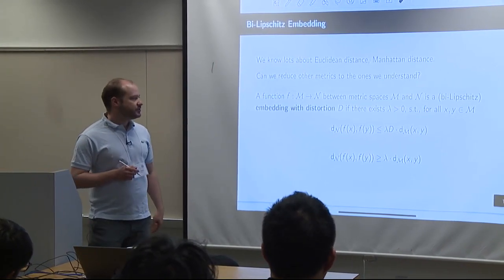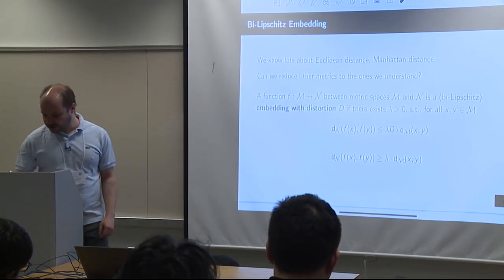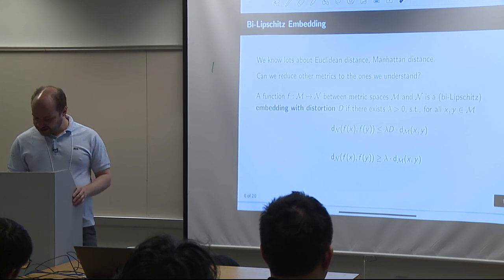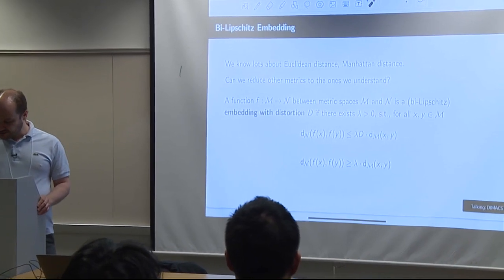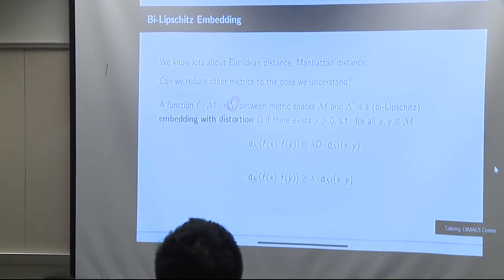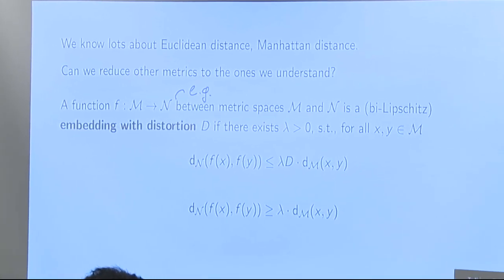So here's the definition. What is an embedding? It's a function that maps some metric space to another metric space. Think of this as something nice, like, for example, Euclidean space.